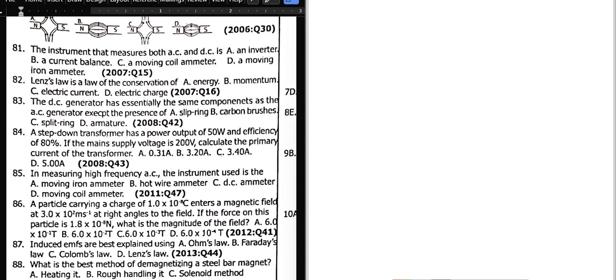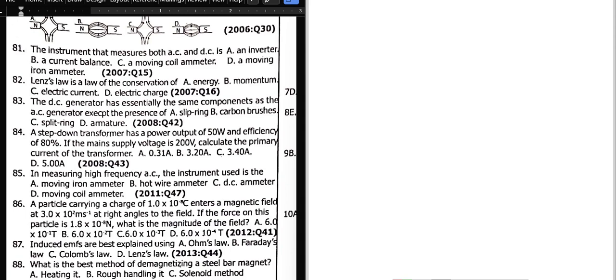If the force on this particle is 1.8 times 10 raised to the power minus 8, what is the magnitude of the field? So we're looking for the magnitude of the field.